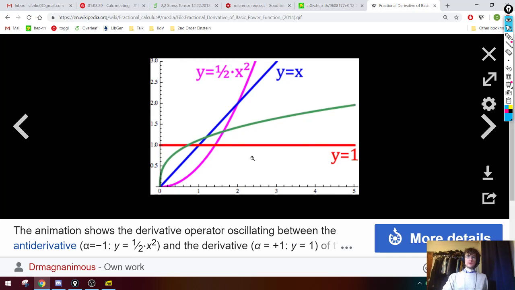What point was it moving around? What do you mean? Is there any importance to where it intersects y equals x? I don't know if that's super important, right? Because as the green thing is moving, we're just getting different functions. You mean when the green curve aligns with the blue curve?